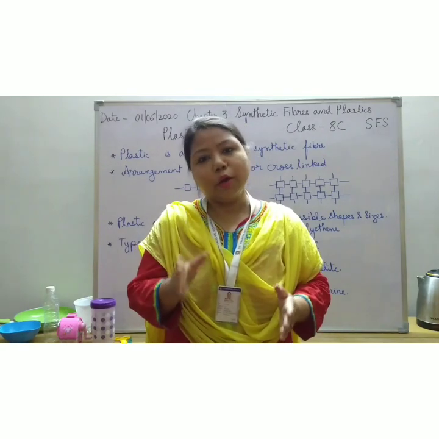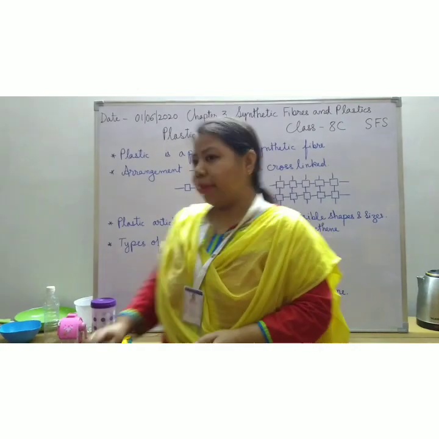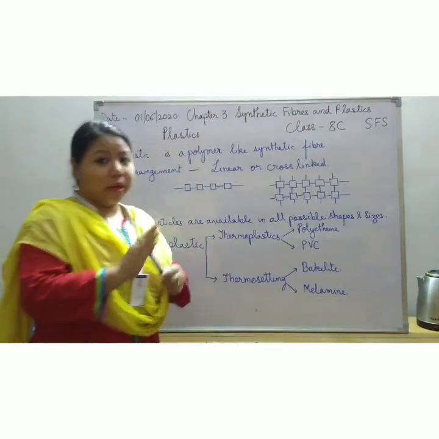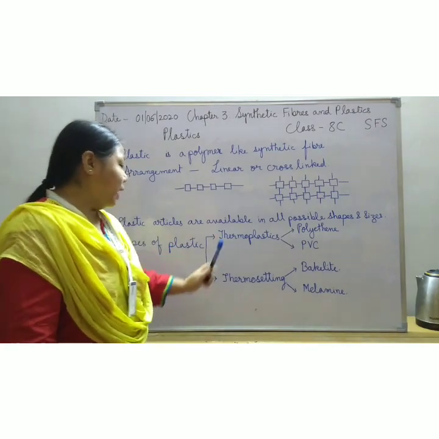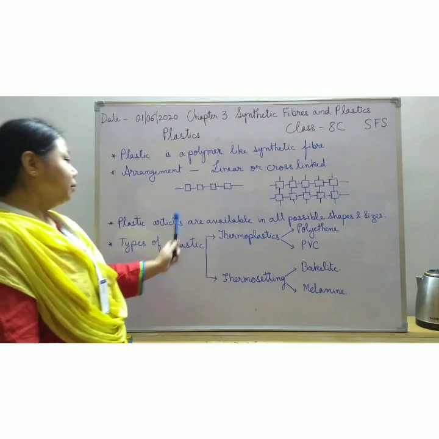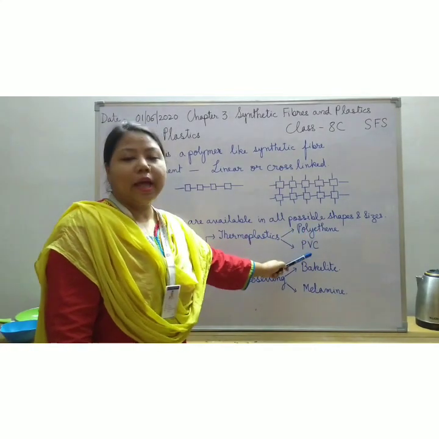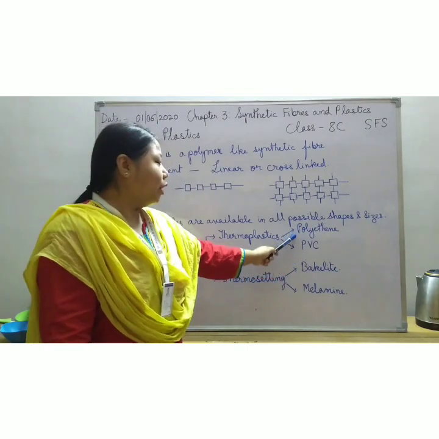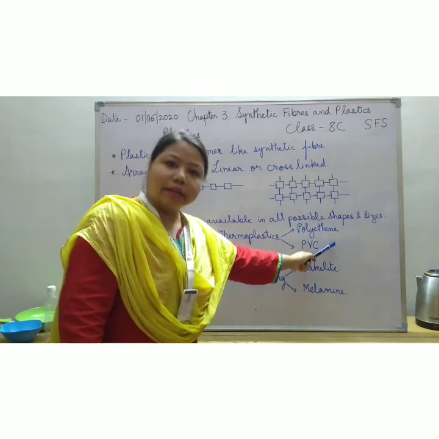Yes, so depending on the properties of plastic, plastic can be of two types, that is thermoplastic and thermosetting plastic. Examples of thermoplastic are polythene and PVC. Polythene is a combination of two words, poly and ethene.